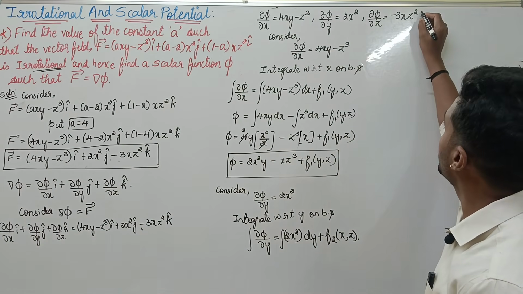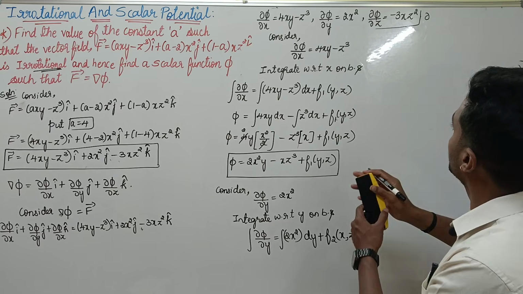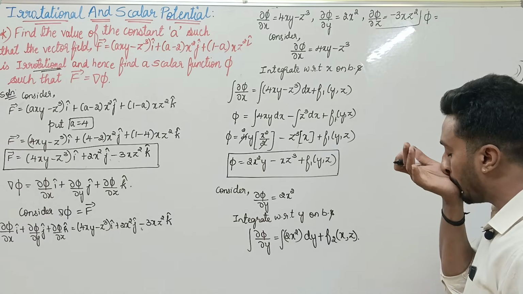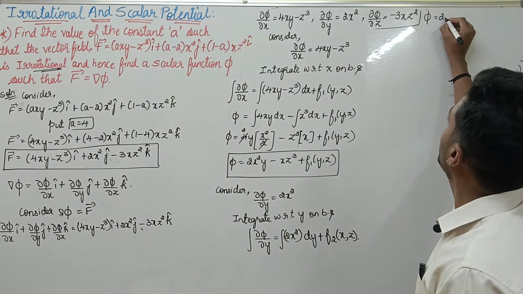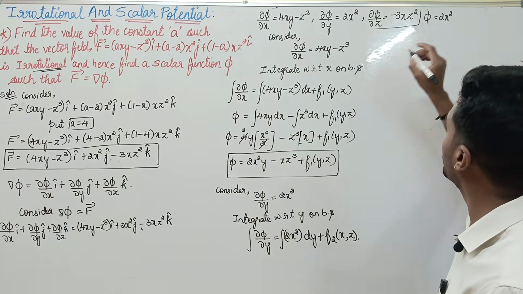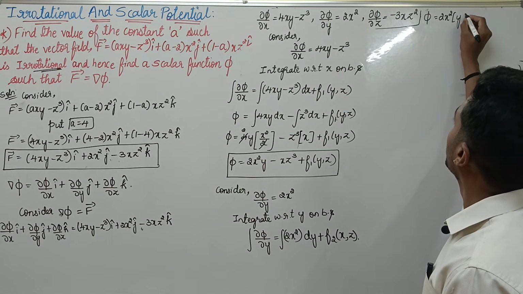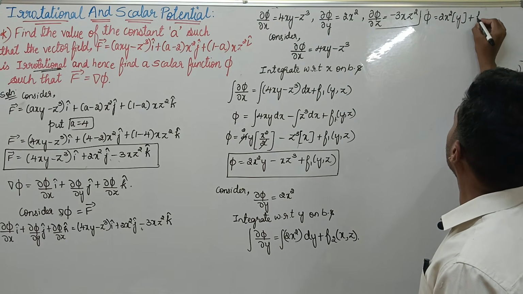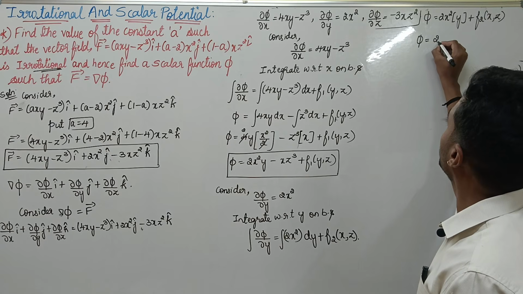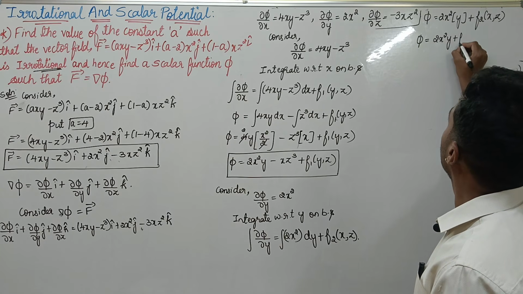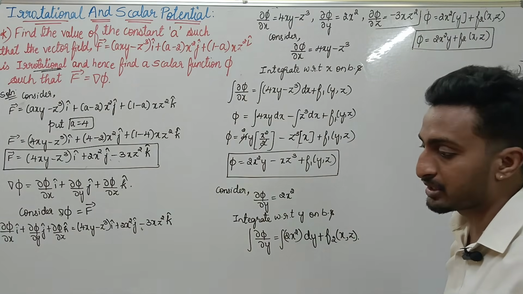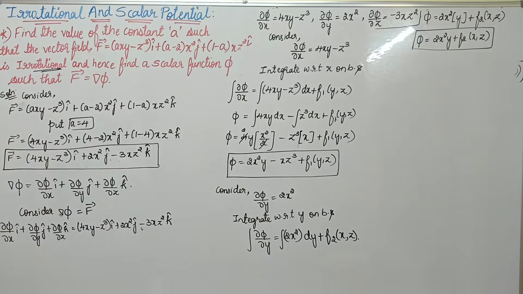See, integration and differentiation get cancelled. Again you get phi, which is equal to, since I am integrating with respect to y, 2x square remains constant. Integration of 1 with respect to dy is y plus f2 of x comma z, where the second function is phi equals 2x square y plus f2 of x comma z. This is the second scalar function when you integrate with respect to y.